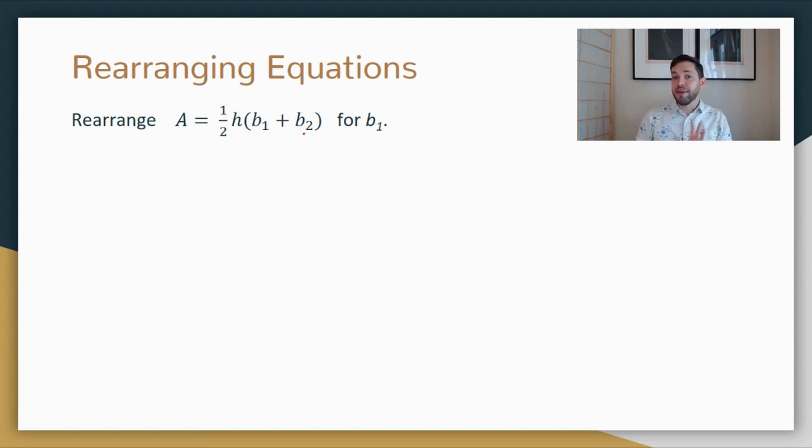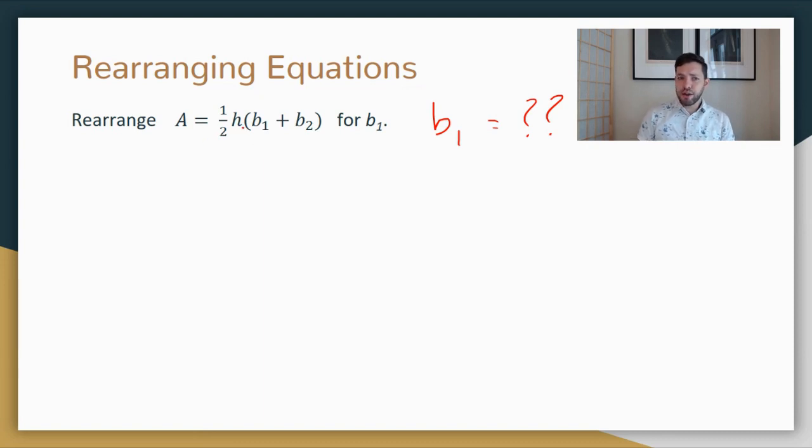These are not the same variables, so we can't just write B, because they're not necessarily going to be equal to each other. Again, we're solving this for B1, which means that we want to get the equation where B1 equals something. That 1 and 2, by the way, are called subscripts. They show up all the time in physics, so that's why I'm giving it to you now, so you can get comfortable working with this.